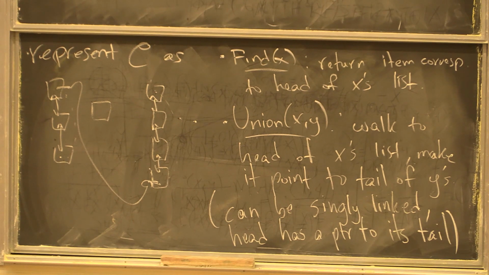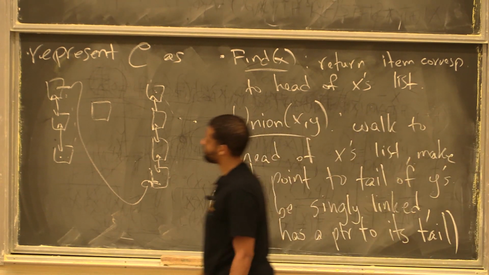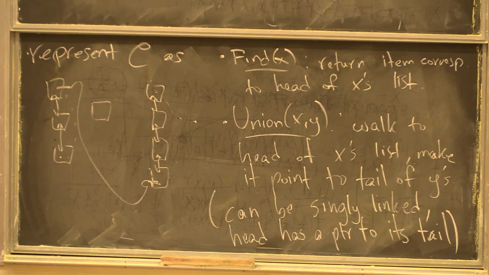Okay, so what are the runtimes here? This looks worse than the array version. Find is linear time, because I have to walk to the head of my list, and I might be really deep in the list. Union is also linear time, because to do a union, I have to first do a find to walk to the head. And then make set is constant time.